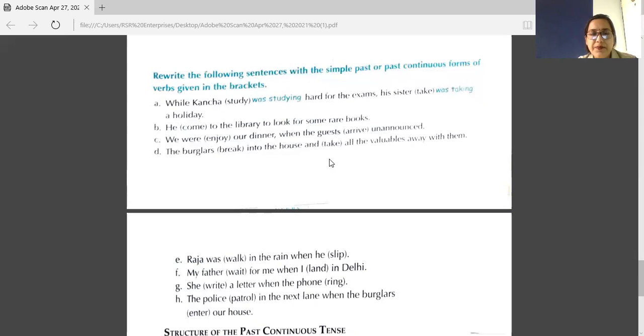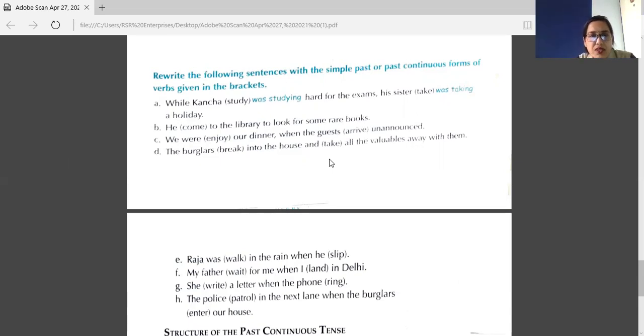The burglars broke into the house and took all the valuables away with them. This is the answer. Now, we move on to sentence number E.